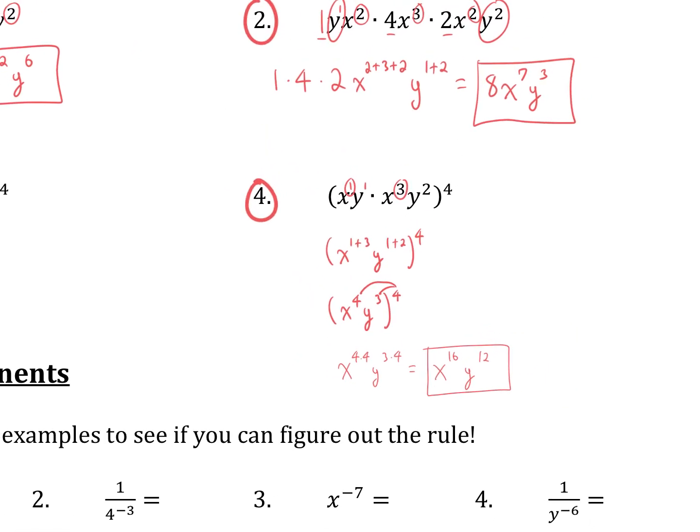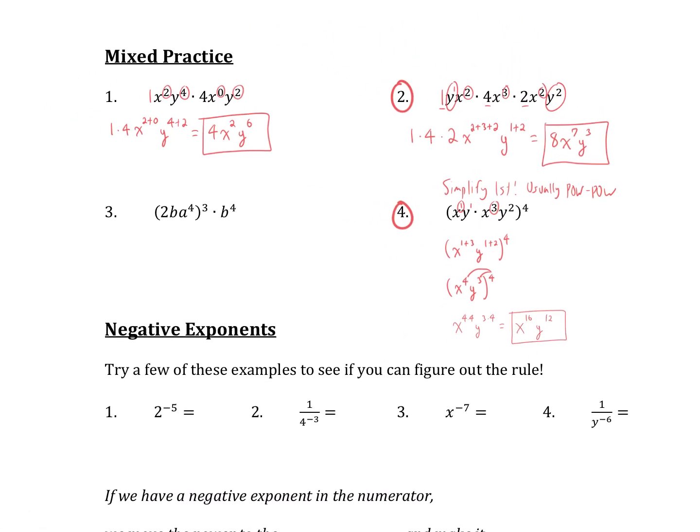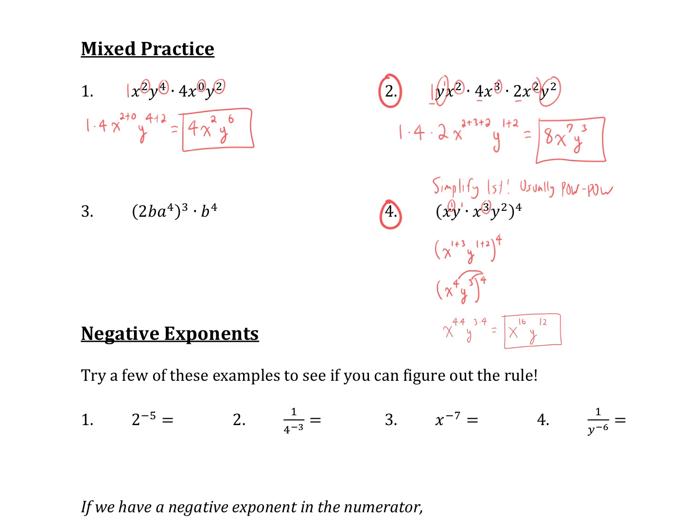Okay. What I want to write here is to simplify first, okay? Simplify first in this one, okay? All right, why don't you guys go ahead and try number 3, see how you do.